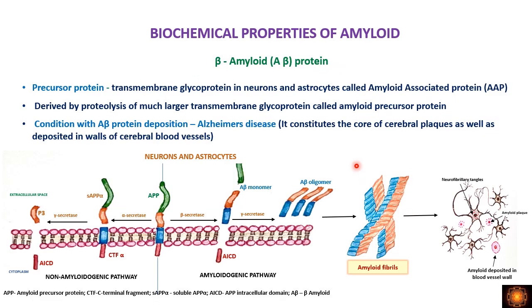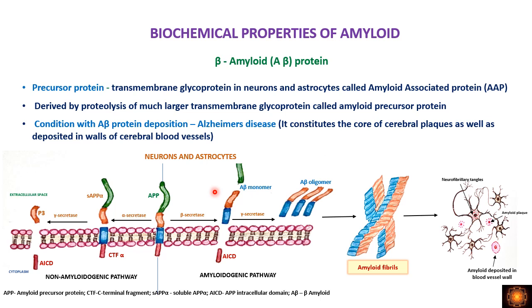Then the third major form is beta amyloid protein. For this, the precursor protein is a transmembrane glycoprotein in the neurons and astrocytes, called amyloid precursor protein. You see, this is the membrane and this is the transmembrane glycoprotein. Normally this protein undergoes proteolysis by alpha secretase and gamma secretase and forms soluble components, which don't accumulate normally.